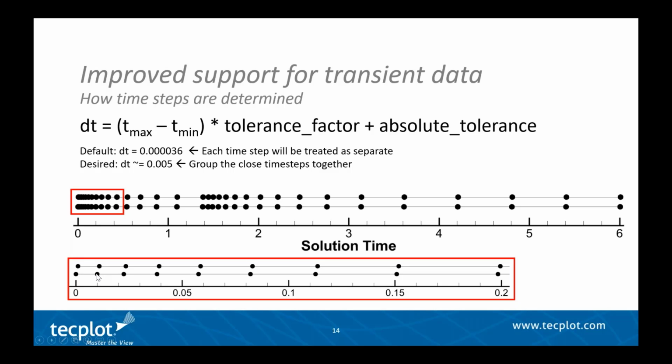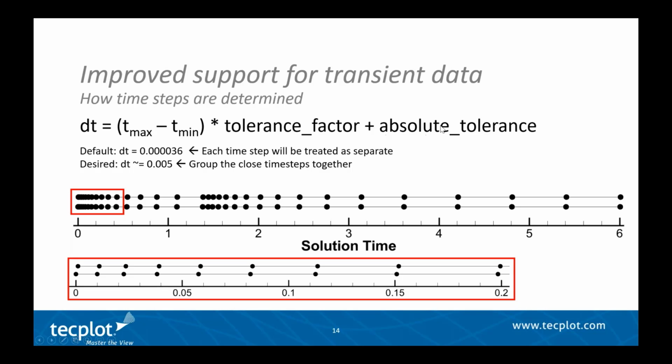In Tecplot 2021 R1 and earlier, we would define the distance between time steps according to this formula. We would take the maximum solution time for your entire data set, subtract the minimum, and multiply it by a tolerance factor. That tolerance factor was predefined by Tecplot.